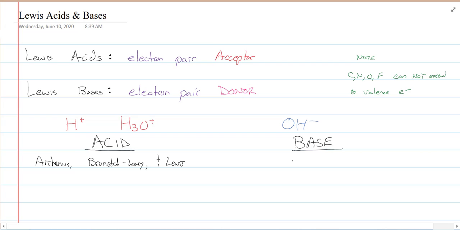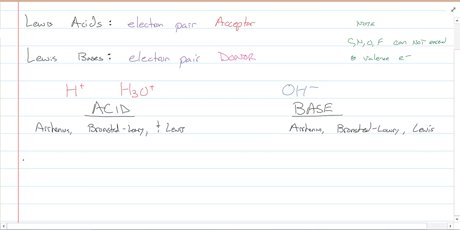Hydroxide is a base in Arrhenius, Bronsted-Lowry, and Lewis. They don't change. So you see hydronium, it's acid. You see hydroxide, it's base. That does not change. We're just looking at it from the electrons now instead of the protons.